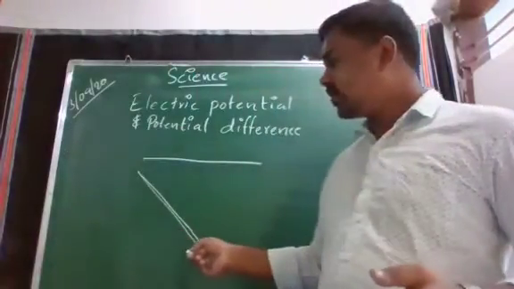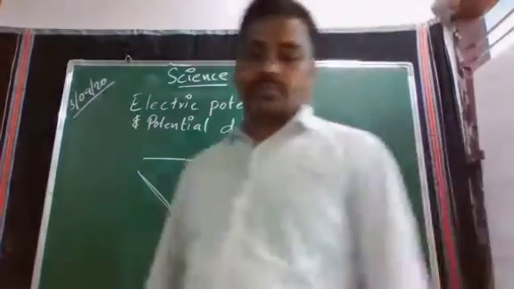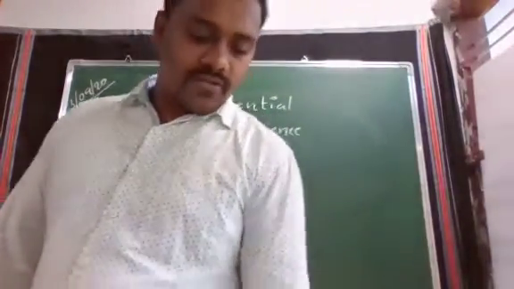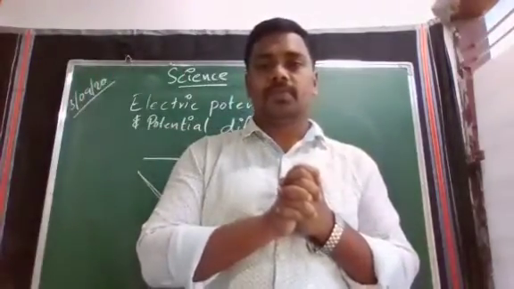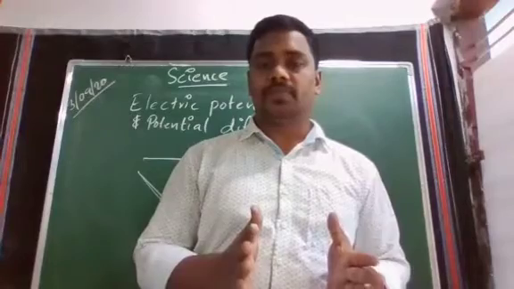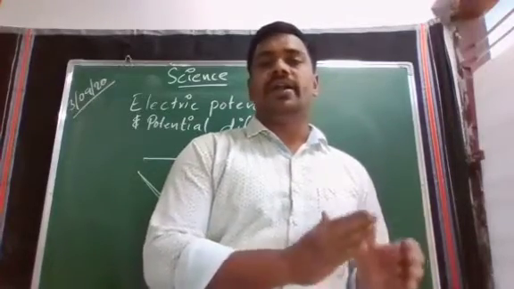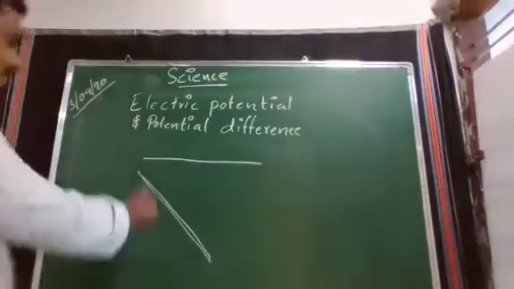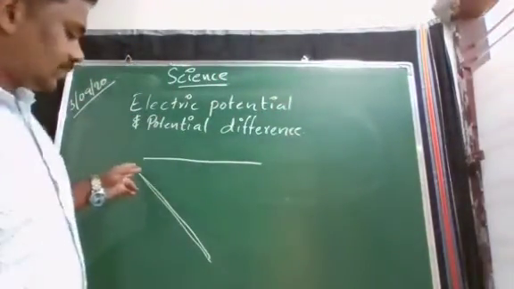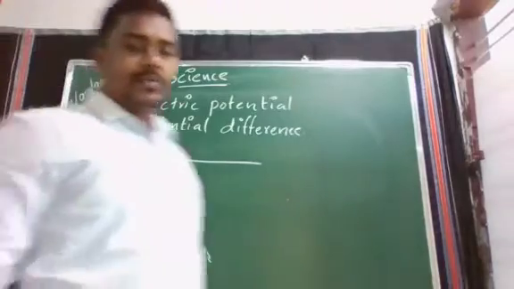For the flow of current or charge in a metallic wire, like in the case of water, there should be a pressure between two ends.